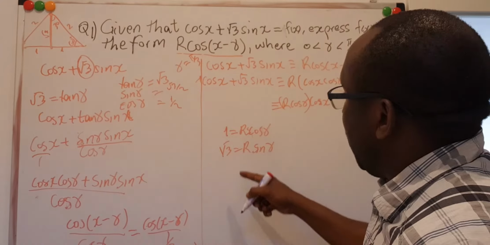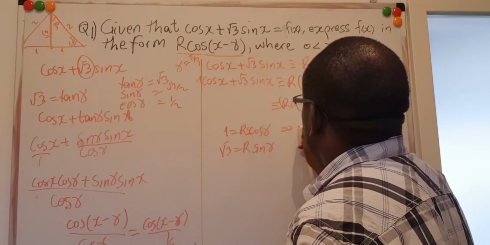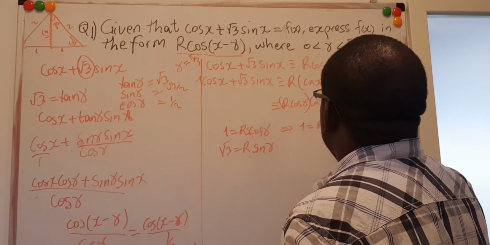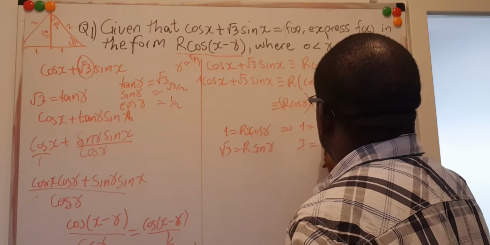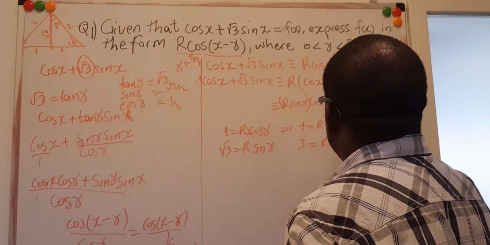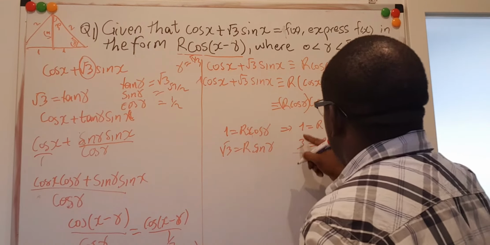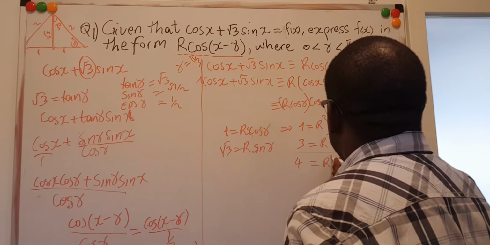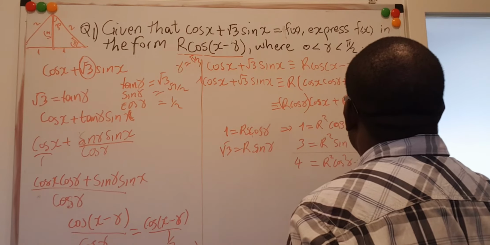If I square both of them and sum them up, the square of this would be 1 is equal to r squared cos squared gamma. If I square this, I get 3 is equal to r squared sine squared gamma. If I sum these two equations, I get 1 plus 3 is 4, equal to r squared times cos squared gamma plus sine squared gamma.